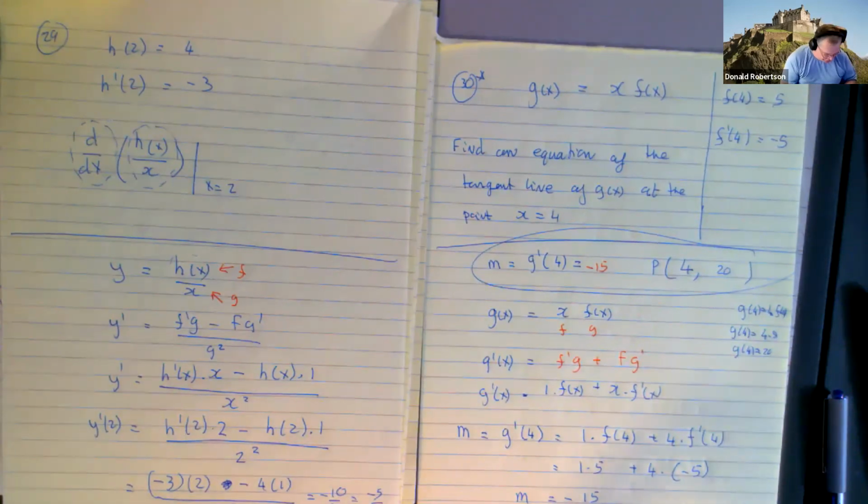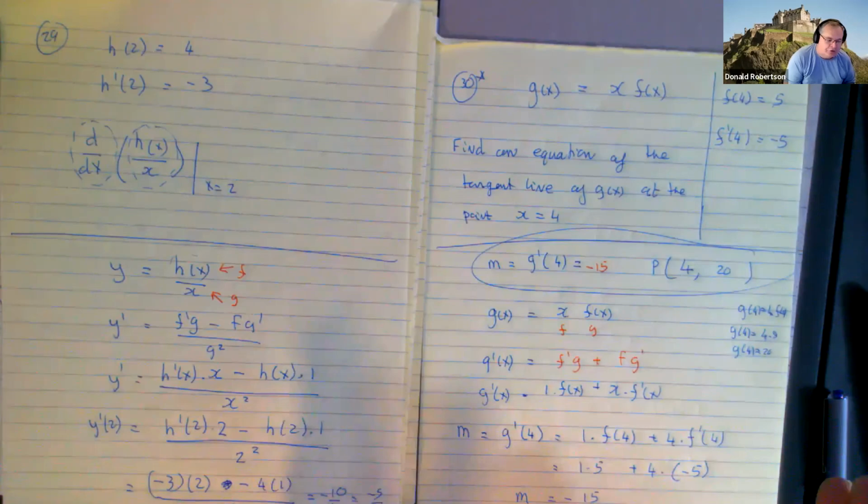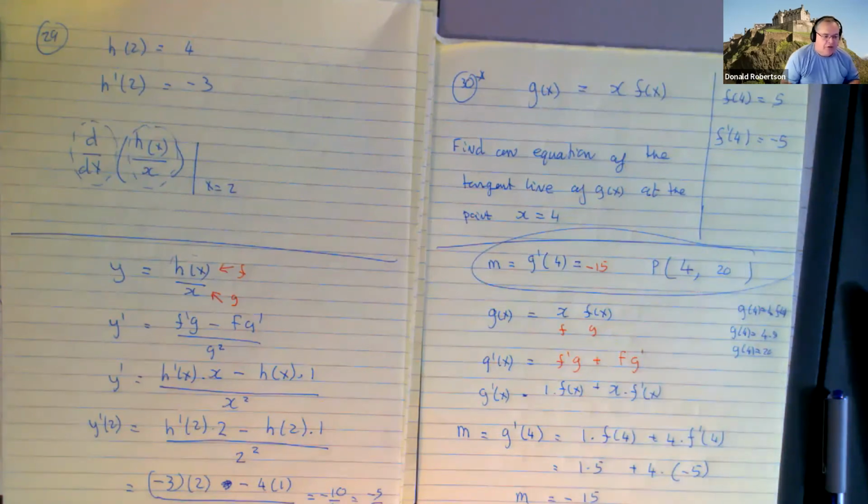So what this last group of 3 or 4 questions was showing is that even if you only have imprecise information, right? You don't know everything you need for the function that you're dealing with. If you're given a little bit of extra information, you can still find values of derivatives, and you can still find equations of tangent lines.